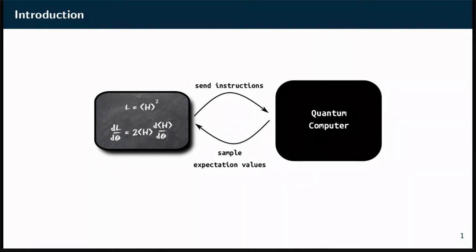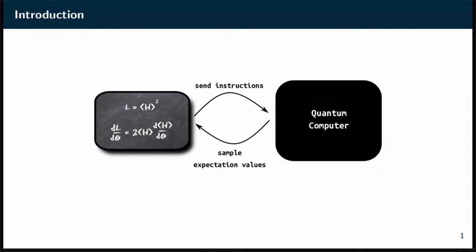One big field is scientific simulation, which was one of the original ideas by Richard Feynman for building such machines. But there are also other examples, for example in machine learning or even in finance, where people think about doing optimization algorithms with those computers.